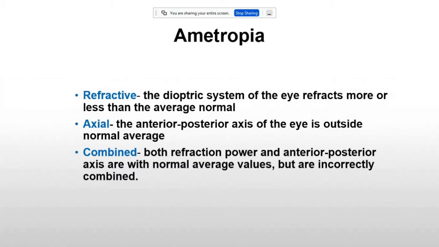So where the focus falls depends on two factors, the refraction power of the medium and the axial length. They can be combined: both refraction power and anterior-posterior axis can have normal average values, but be incorrectly combined.